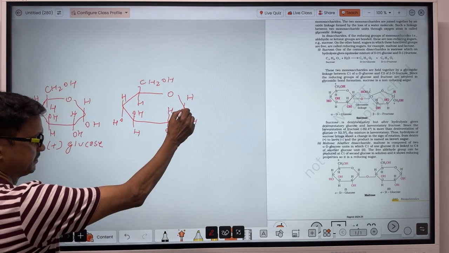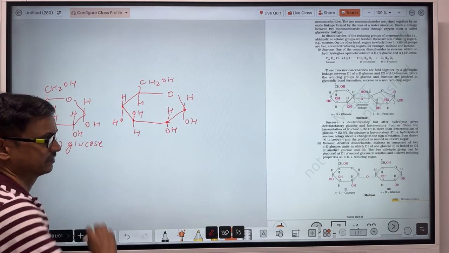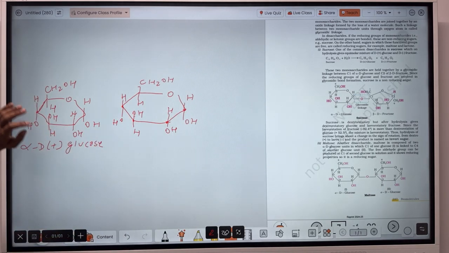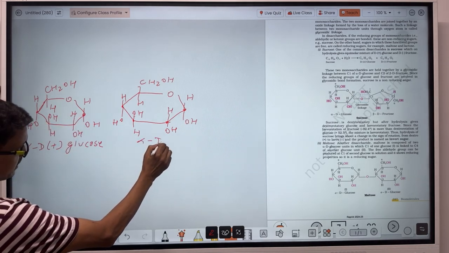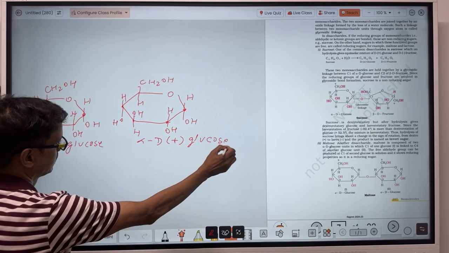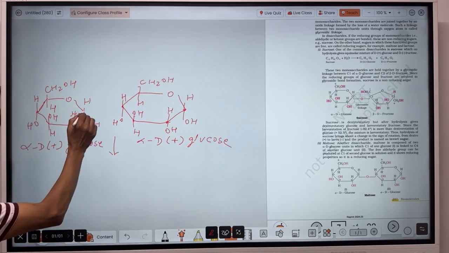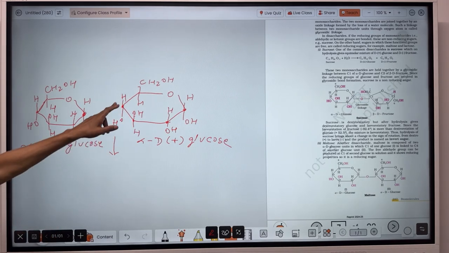This is first carbon, second carbon, third carbon, and fourth carbon. So for 1,4-glycosidic bonding, the first carbon of this glucose, which is also alpha-D glucose, bonds with the fourth carbon atom of the other.